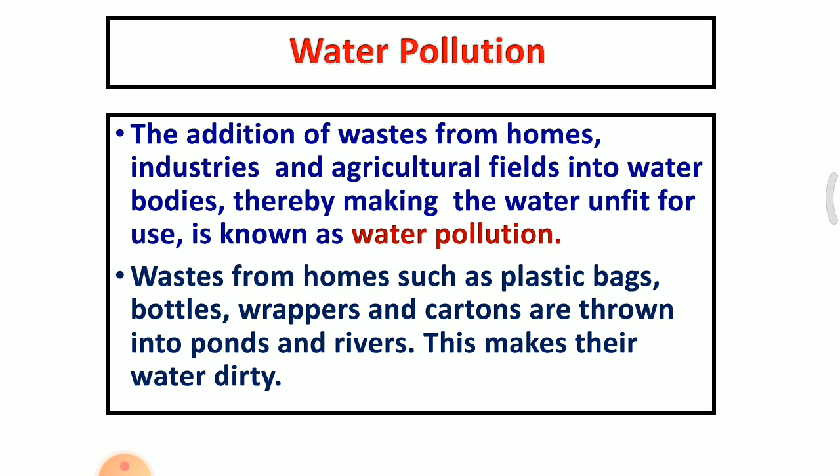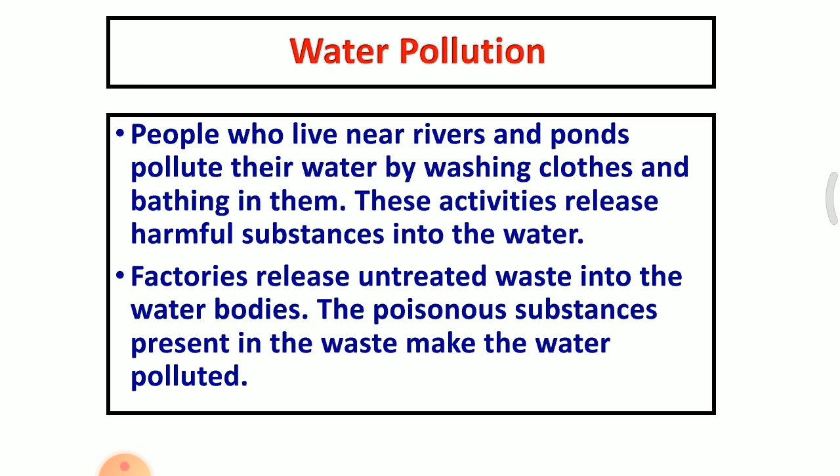Wastes from homes such as plastic bags, bottles, wrappers, and cartons are thrown into ponds and rivers. This makes the water dirty. People who live near rivers and ponds pollute their water by washing clothes and bathing in them.